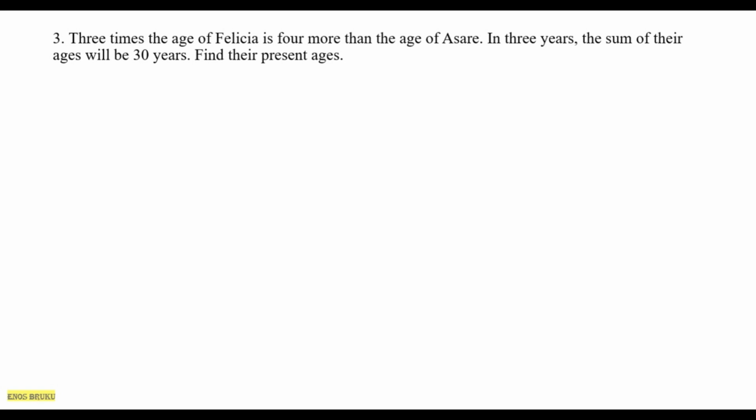The first part of the question says 3 times the age of Felicia is 4 more than the age of Asare.